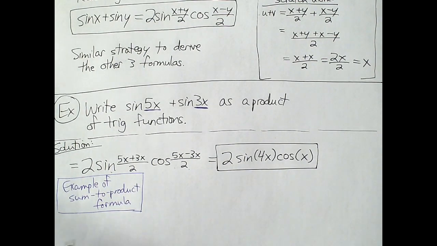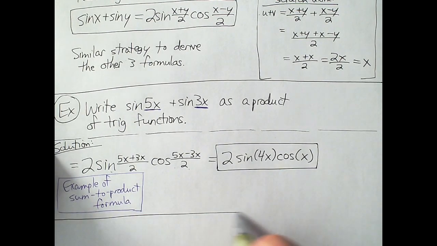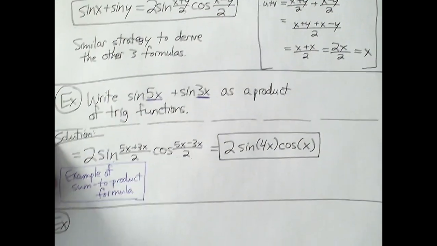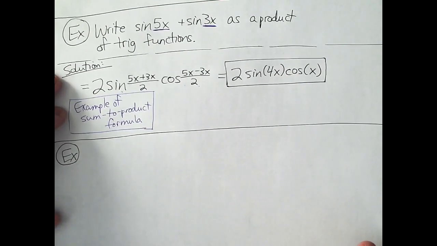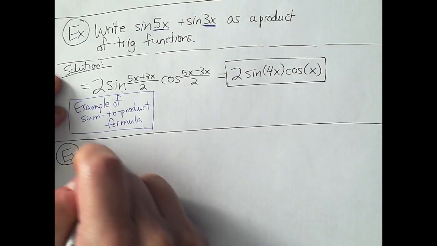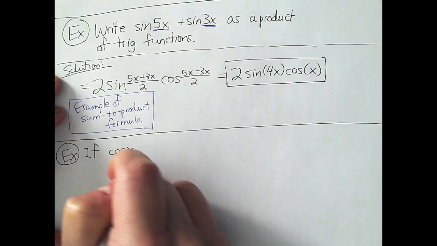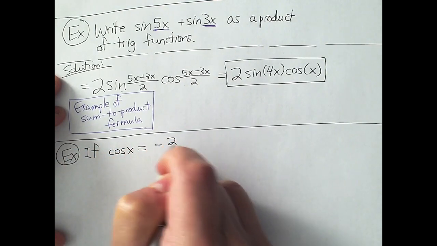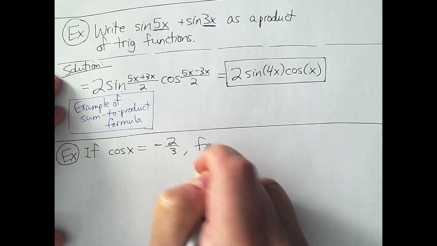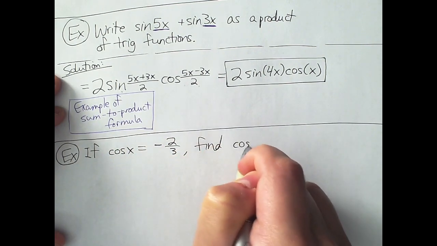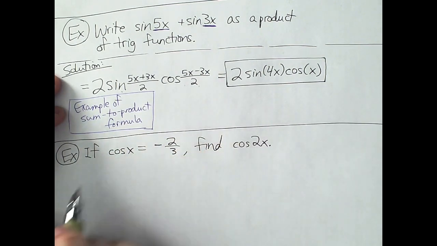Next problem I'm going to do for us, I think. Example. I'm not telling you which identity all of these use right away. This one says, if cosine of x equals negative 2/3, find cosine of 2x. Okay, I'll talk us through this one.